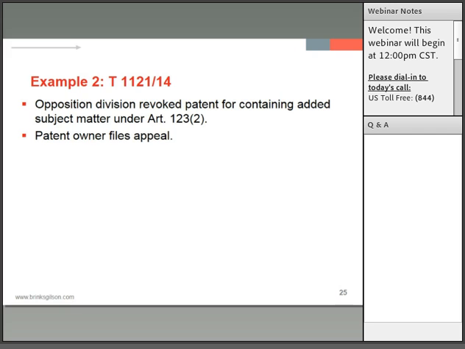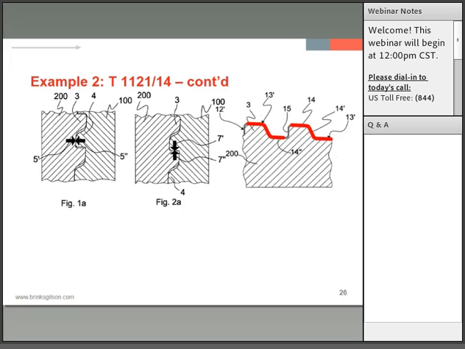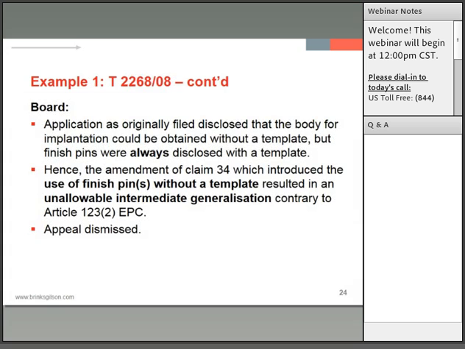So the patent was held invalid, and the patent owner did not amend the claim.